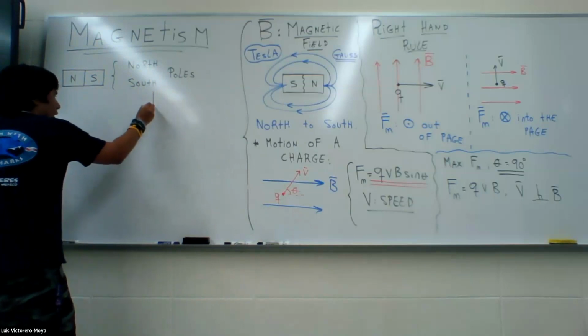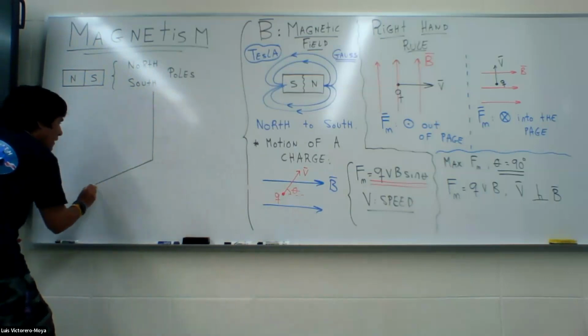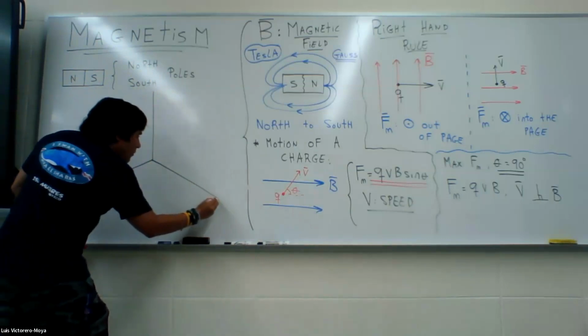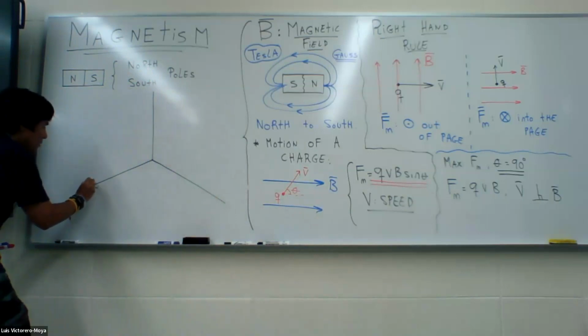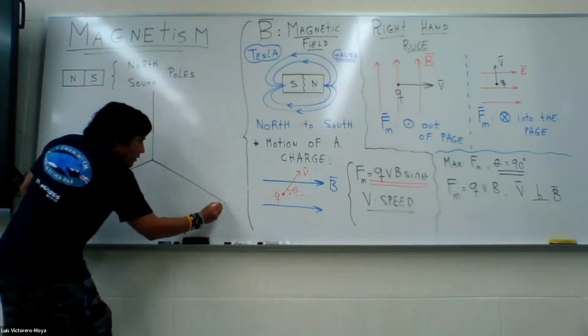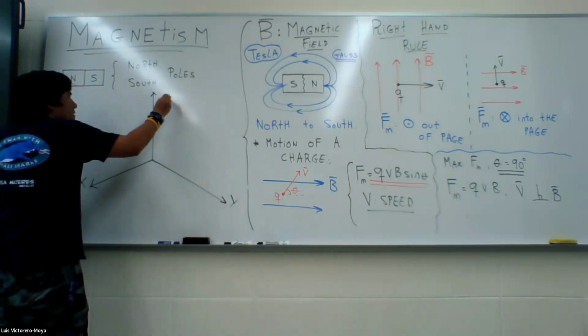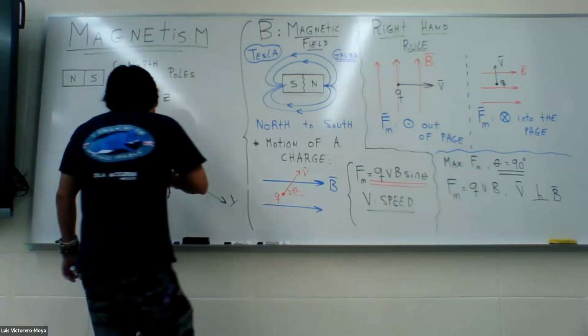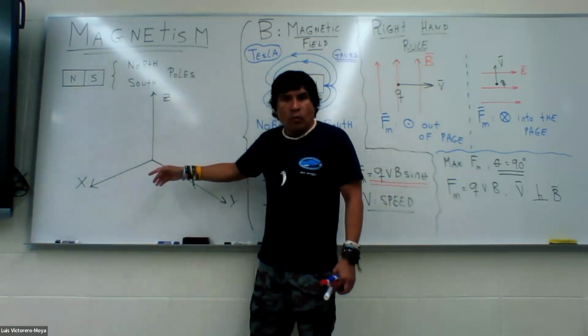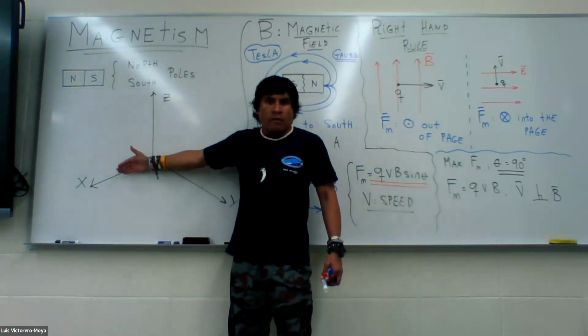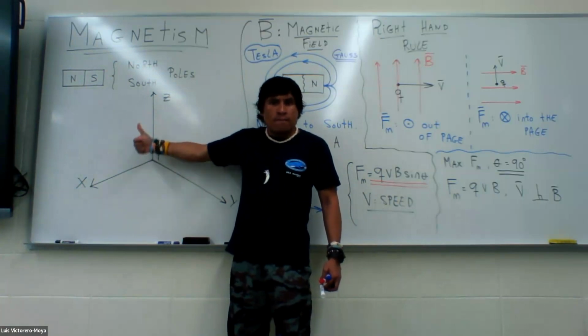So you have the x-axis, you have the y-axis, and then you have the z-axis. They are all perpendicular. You use the right-hand rule like this: x cross y gives you z.